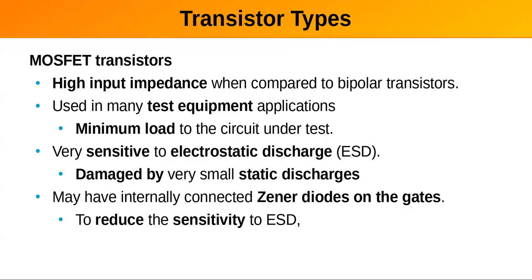So in a lot of devices, they create Zener diodes on the gates and sometimes on the drain and source to prevent ESD. If they don't have it or enough, a lot of times people will put Zeners externally.